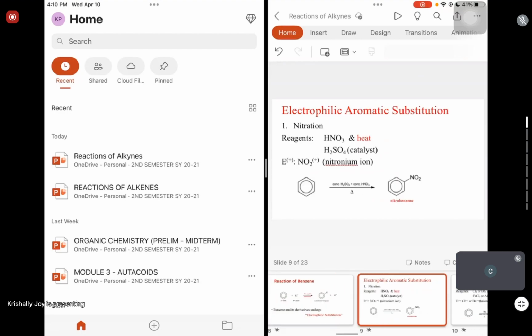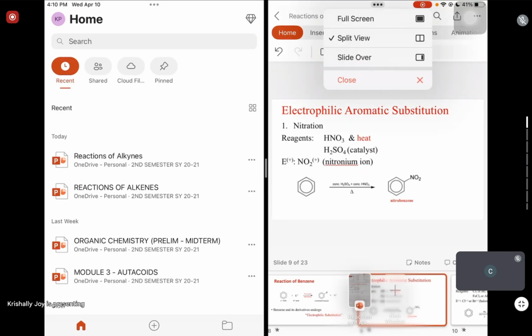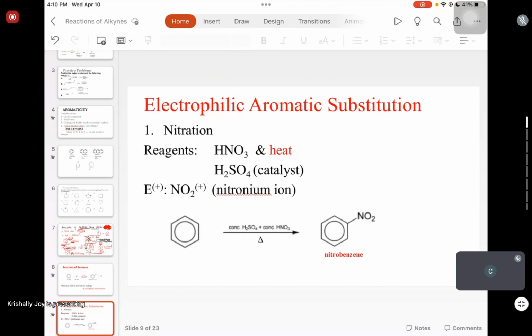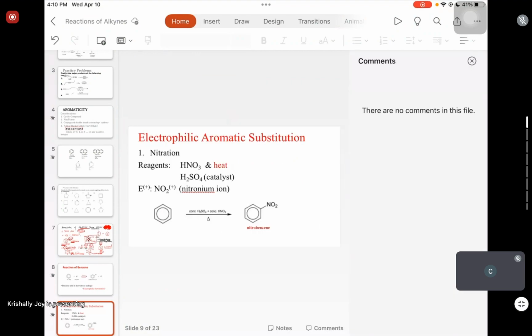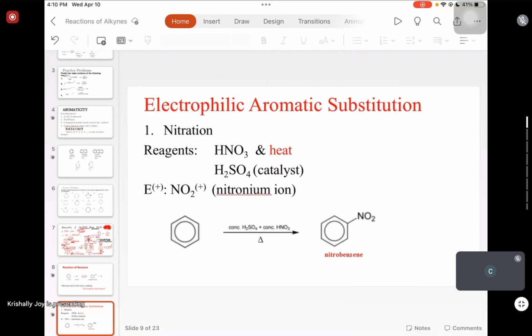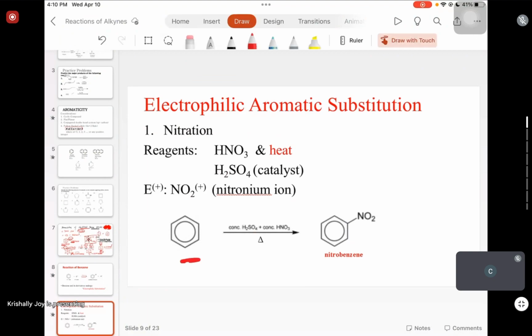Regarding benzene reactions, the name of the reaction itself will tell you what kind of electrophile will be substituted. For example, nitration: you have a benzene ring and a nitro group is substituted. That's nitration. Nothing else will be added.